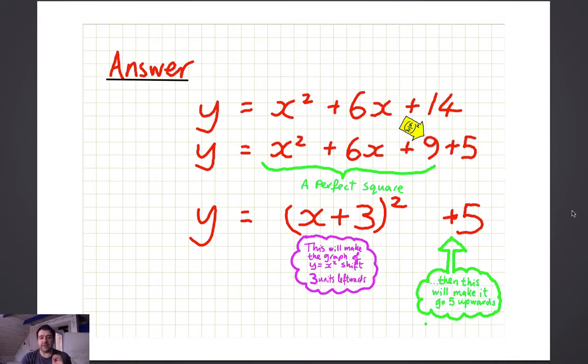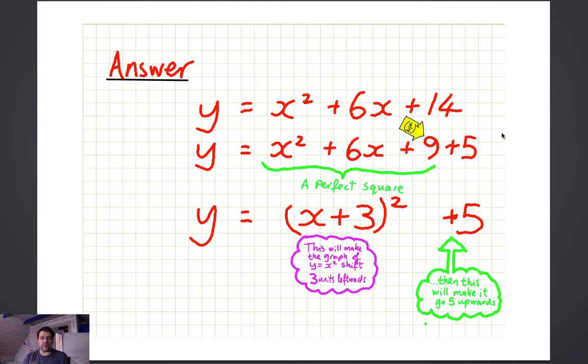And then having the plus 5 on the end, we'll just take that graph and shift it 5 units up. So starting with the basic y equals x squared, then shifting it 3 to the left and 5 up will give us the graph of this thing, which is the same as x squared plus 6x plus 14.